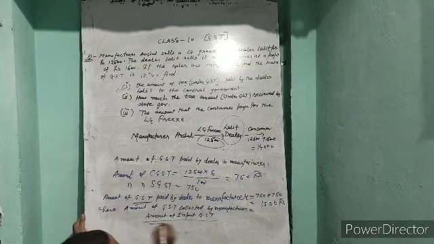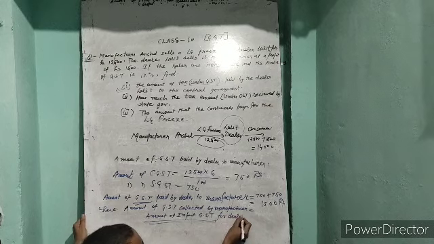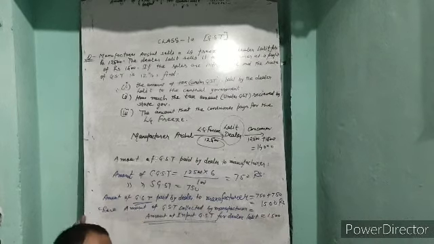This is called the amount of input GST for dealer Lalit. So this is 1500.